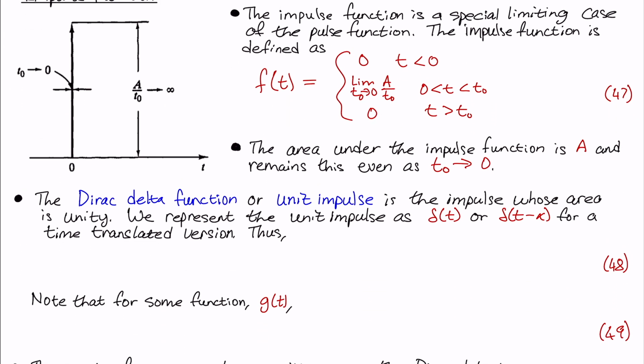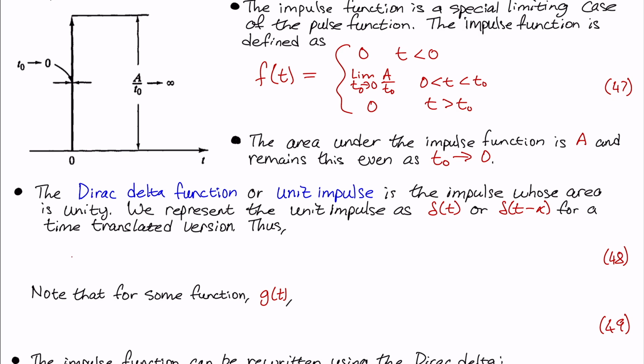We're going to talk about the Dirac delta, or the unit impulse function, and then we'll go back to this impulse function. So we're going to represent this unit impulse as delta of t, or if it's translated, delta of t minus alpha. In this case, this delta of t is defined to be 0 for t not equal to 0 and infinity for t equal to 0, which is not really a true function because a function cannot be equal to infinity.